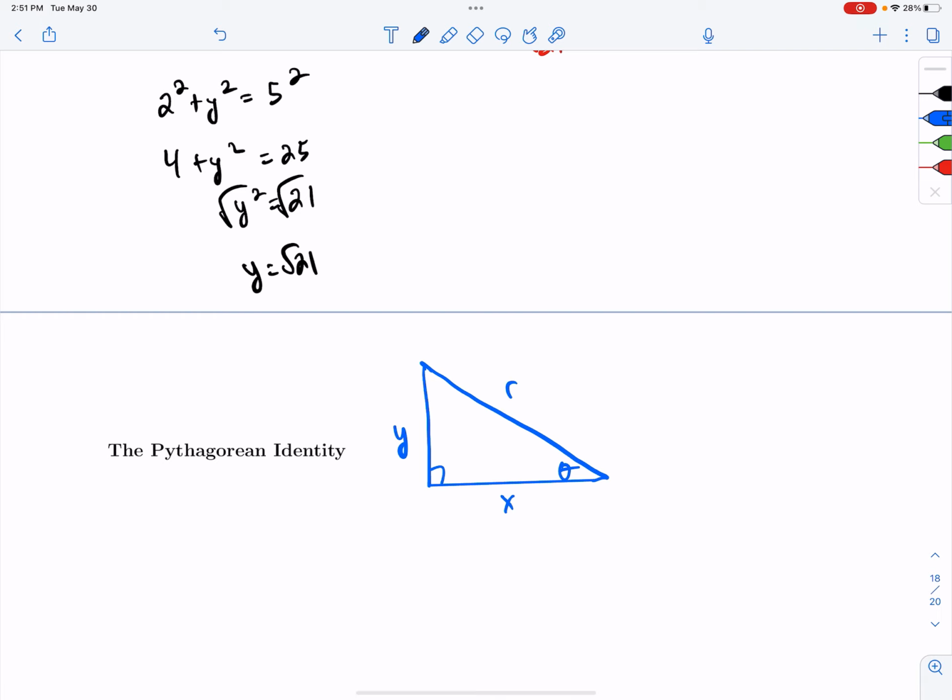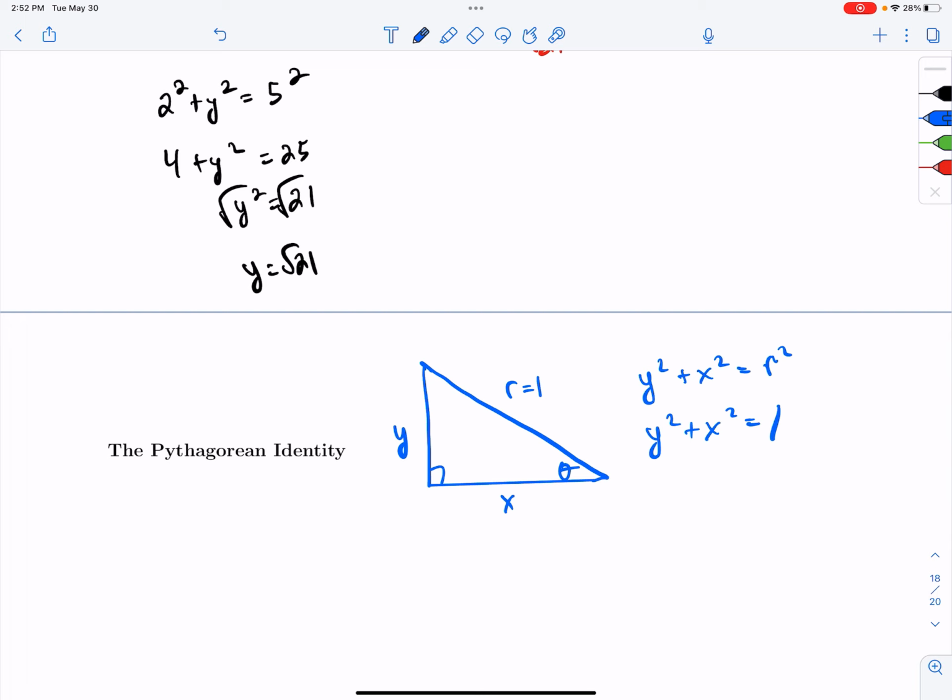Let's say I have this right triangle and the hypotenuse there is equal to 1. So the way all these sides relate to each other, I can say y squared plus x squared is equal to 1 squared, or r squared. So y squared plus x squared is equal to 1.